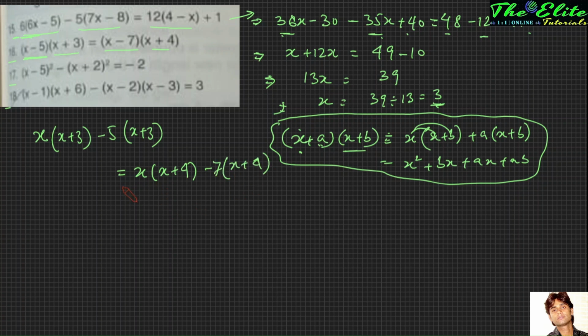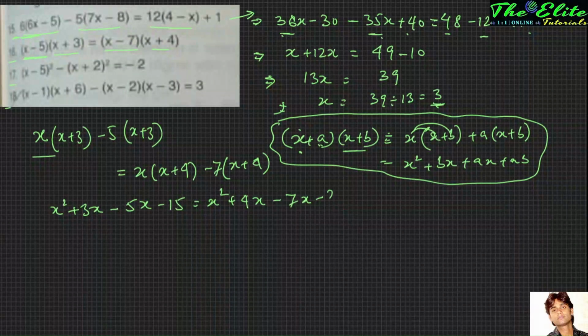This is the scenario. Now you are solving this. So it is going to be x squared plus 3x, and when you solve this it will be minus 5x minus 15. Now here it is going to be x squared plus 4x. I am being a little bit fast, hoping that you understand this.